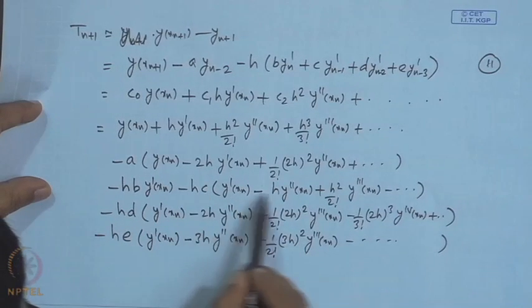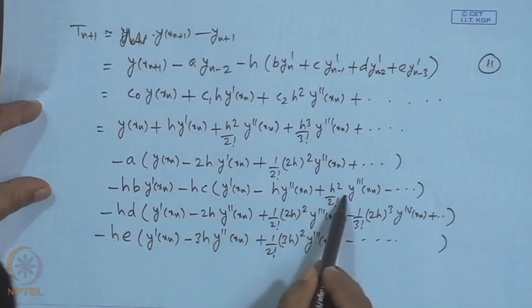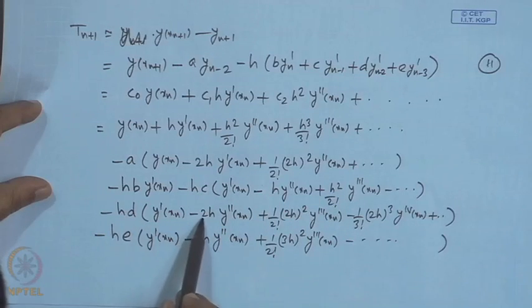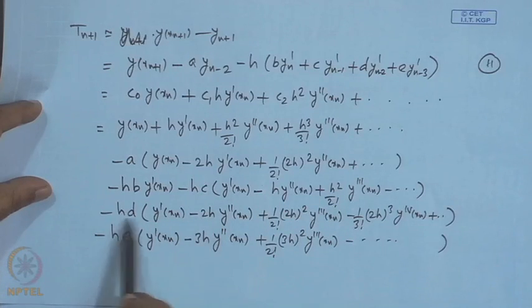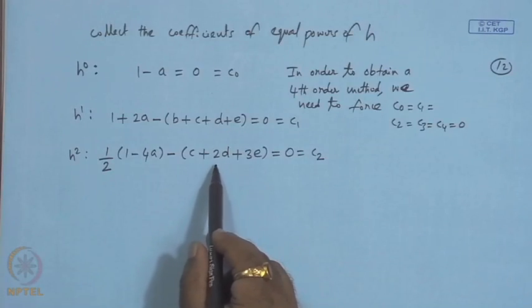See H square, so minus minus plus and a C. So, this is H square, and here plus 2 D and here plus 3 E, that is what I have written.